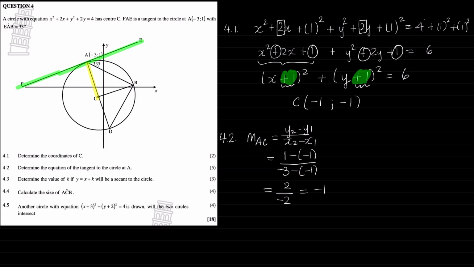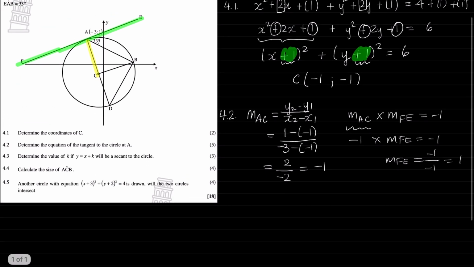Now, going back to the point that the product of the gradients are going to be negative 1 because the lines are perpendicular. So the gradient of line AC times the gradient of line FE is going to equal minus 1. If the gradient of line AC is minus 1, that means we can calculate the gradient of the line FE. The gradient of the line FE will equal minus 1 divided by minus 1, which is 1.